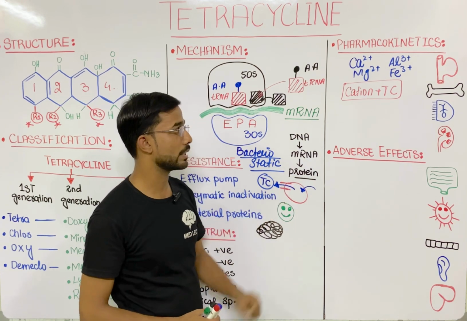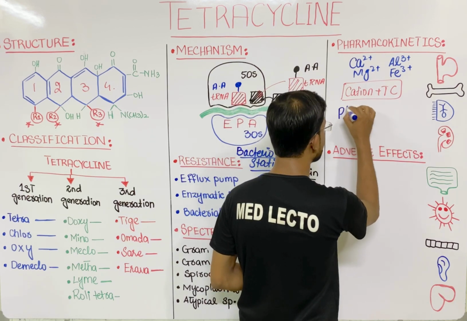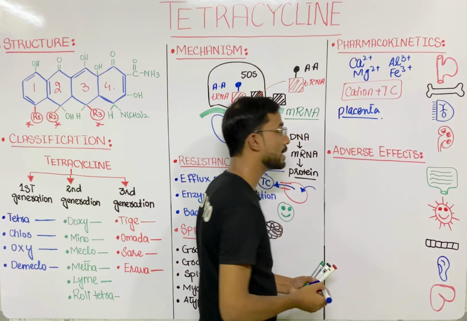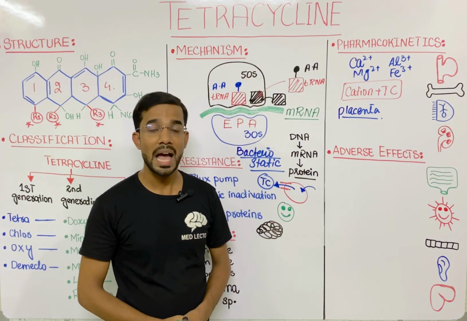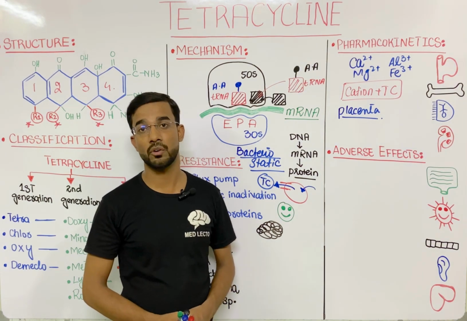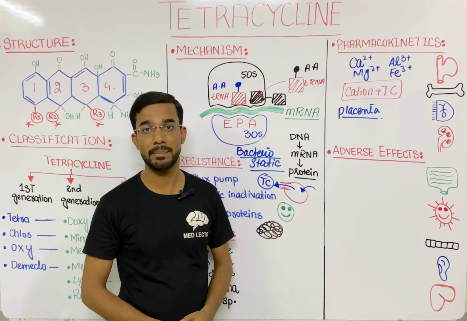So that is the important thing about that. And next you will see tetracycline can easily cross the placenta. It means that tetracycline can deposit in the baby, and ultimately tetracycline will start depositing in the bones and the teeth of the baby. So that's why tetracycline is actually contraindicated in the pregnancy.